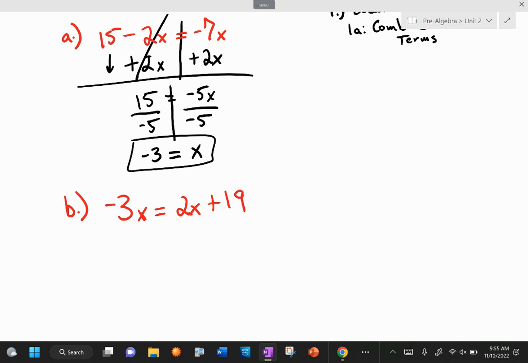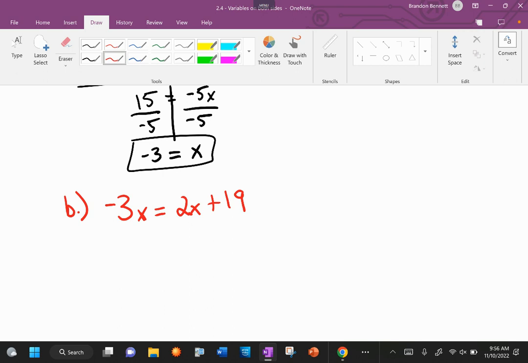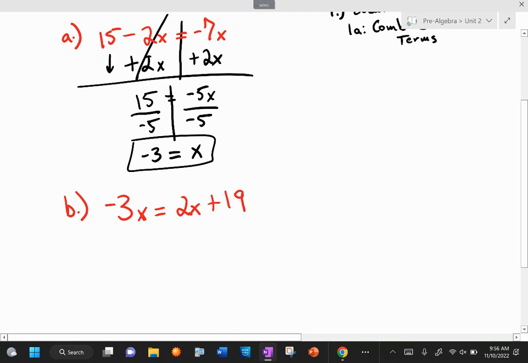But yes, that's right. Okay, guys, let me go over letter B. So on letter B, you're identifying where the variable is. It's on both sides. So I'm going to try and move all my variables to one side.